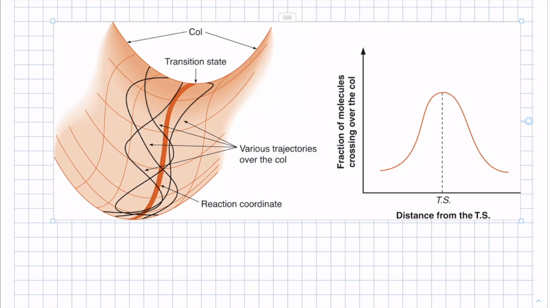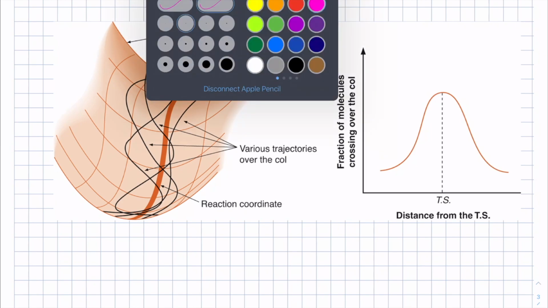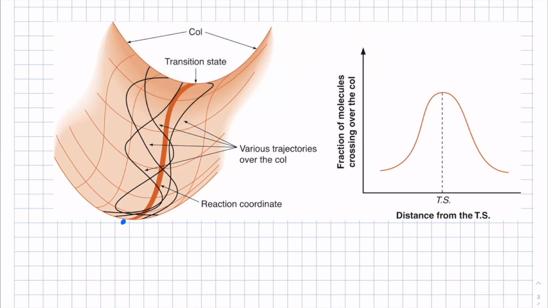Right, so here we're starting out in one valley. I'm using blue for stationary points, I guess. Here we're starting out in one valley, and we're crossing into another. And you can see that the minimum energy pathway is sort of traced out for you in orange. Okay?